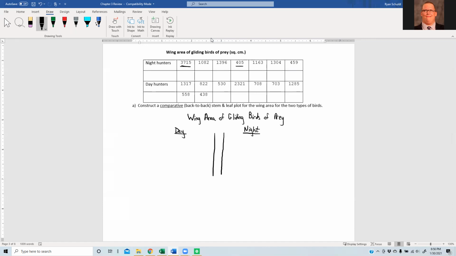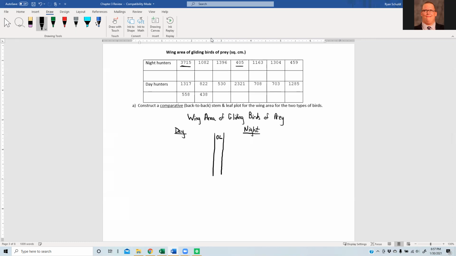Day hunters, we're going to have 6 with no thousands, 2 in the 1,000s. That's not going to give us a good sense of the distribution. So we need to break these into high and low.